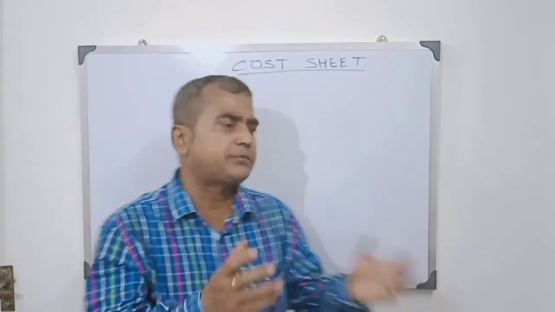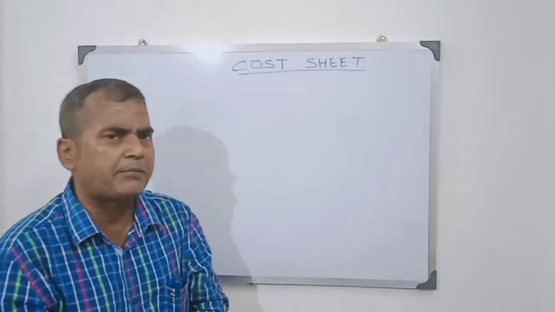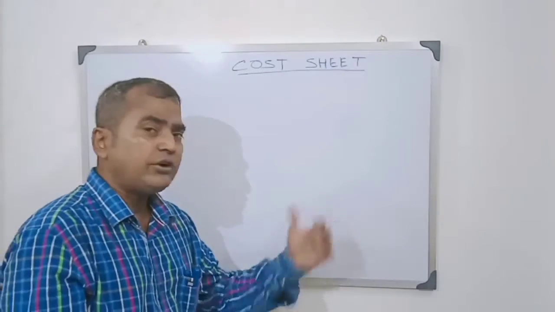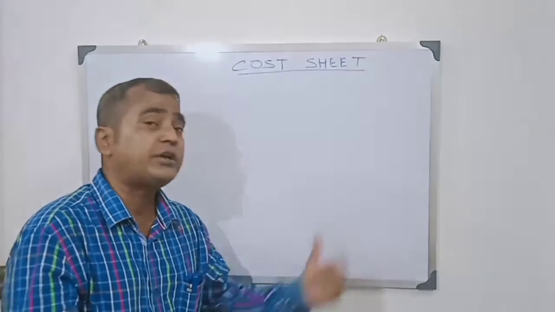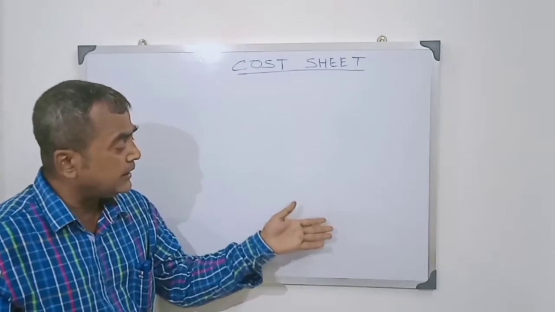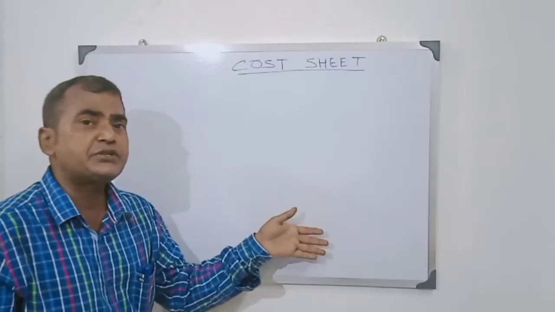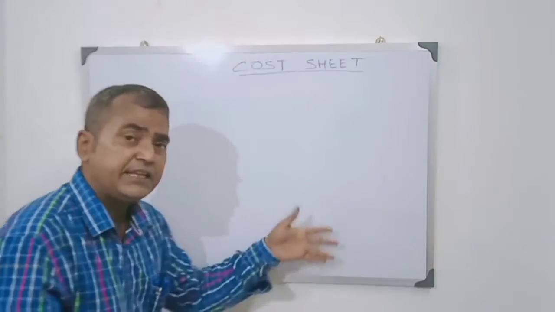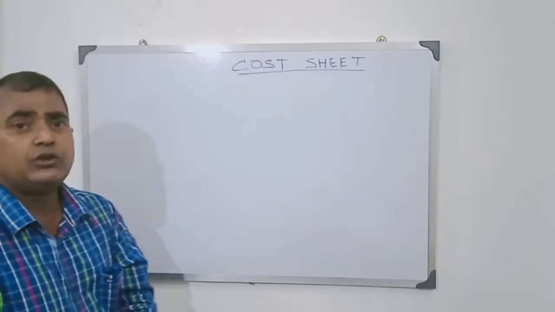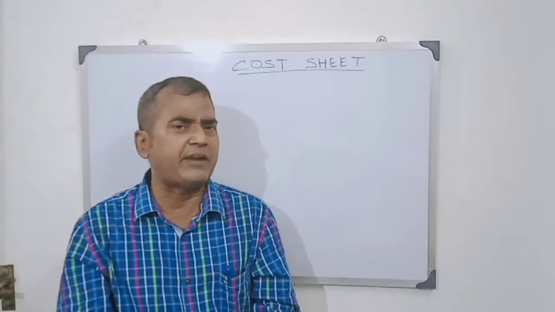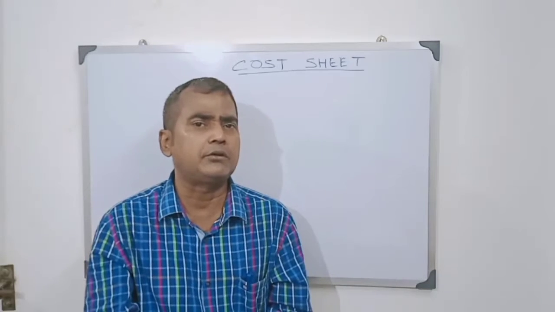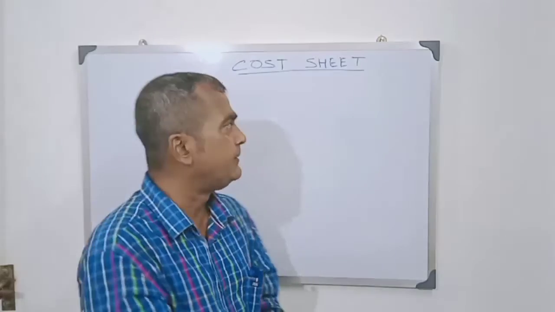So cost sheet's profit is not your net profit. Is it a gross profit? Never. It is not a gross profit. Why is it not a gross profit? Because we accumulate the administration overhead, selling and distribution overhead, and research and development cost. Such items never find a place in your trading account, the financial account.